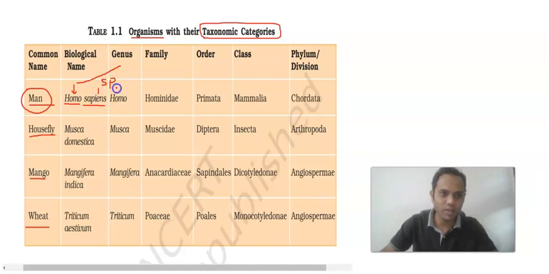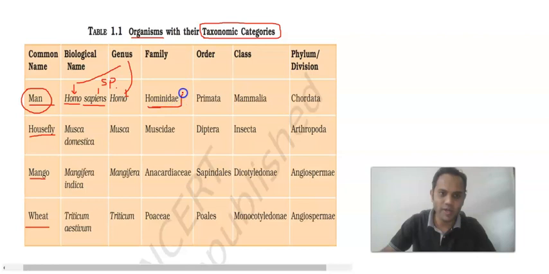So we know that the species of man is sapiens, and its genus is Homo. It belongs to the family Hominidae.